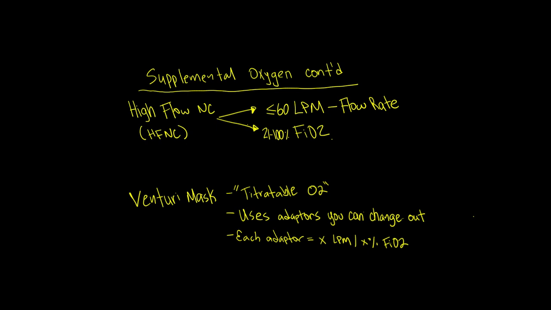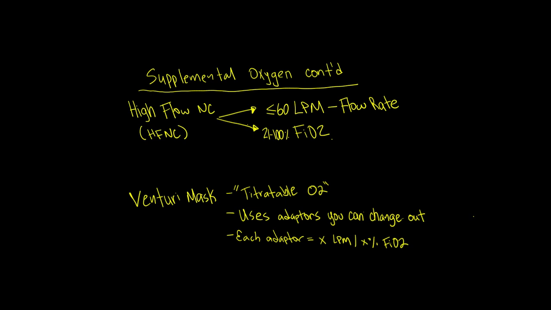So you have the mask. On that mask, you put an adapter. It comes with several adapters, and that adapter will tell you, hey, if you want to achieve 35% FiO2, you need to give this many liters per minute. If they need more oxygen than that, let's remove that adapter. Let's put the next adapter on, and that one will tell you, hey, this adapter is for 50% FiO2.